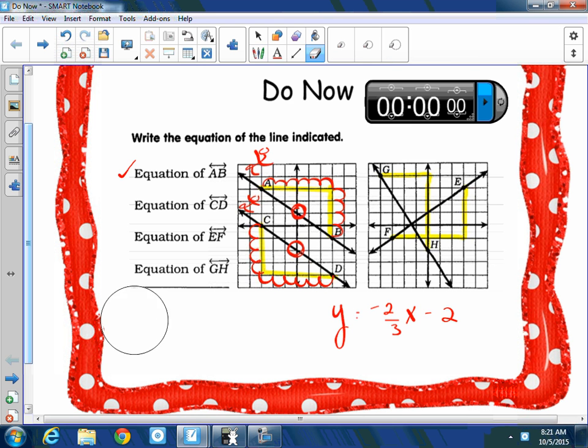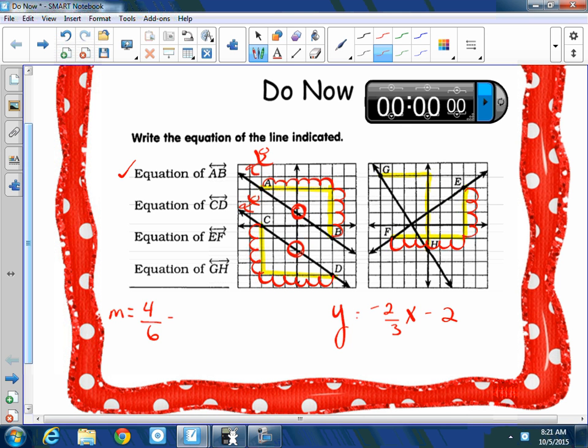We're going to do EF. All right, so 1, 2, 3, and 4. That's my rise. My run would be 1, 2, 3, 4, 5, and 6. Simplify it again, and that would be 2/3. Okay, Jimmy walking up or down? Has he been a good boy or a bad boy?